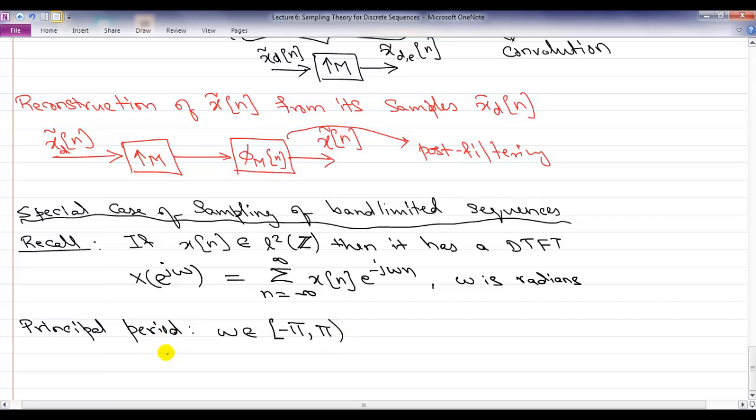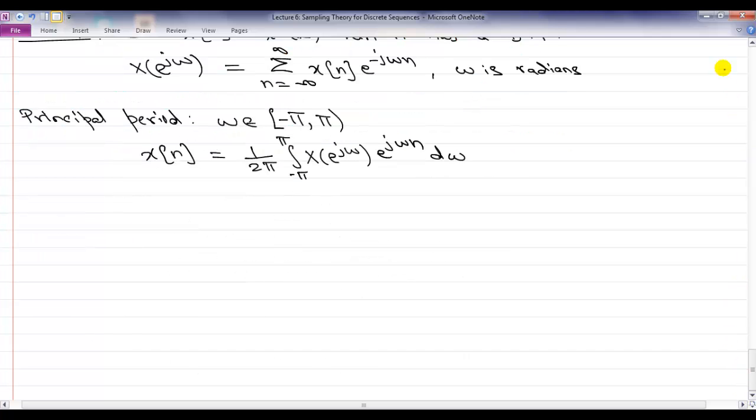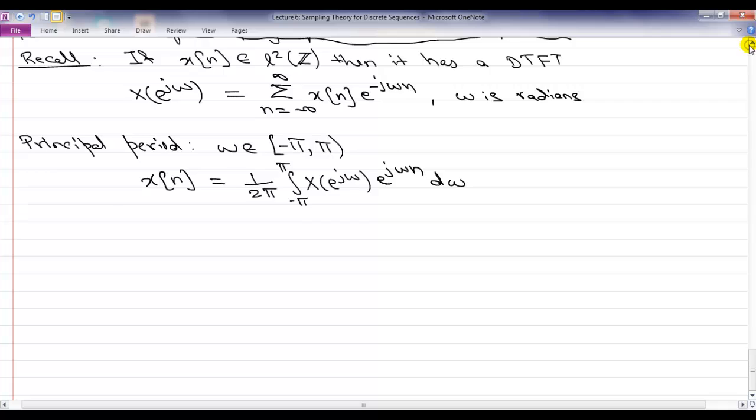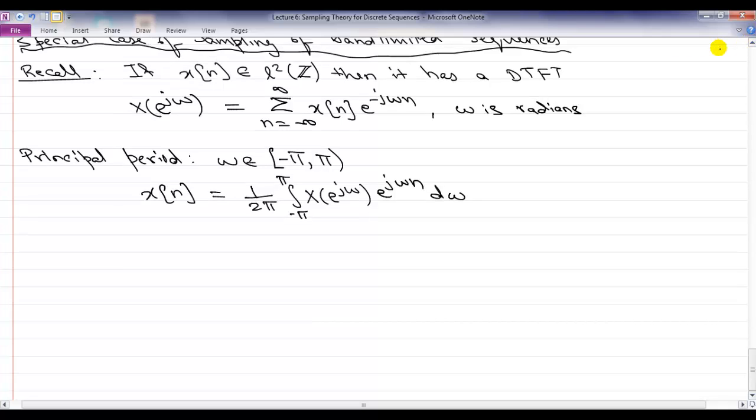Given the discrete time Fourier transform, there is also the inverse formula, which is 1 over 2 pi times the integral from minus pi to pi of X(e^{j omega}) e^{j omega n} d omega. So the discrete time Fourier transform of a sequence is itself continuous, and it is periodic with period 2 pi.